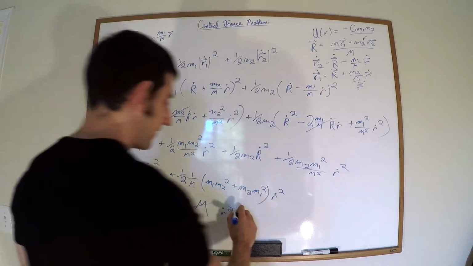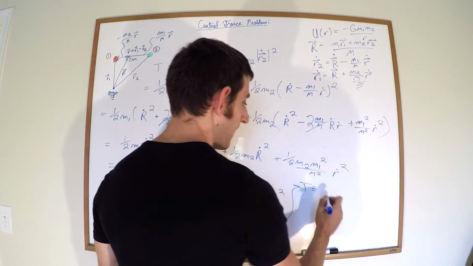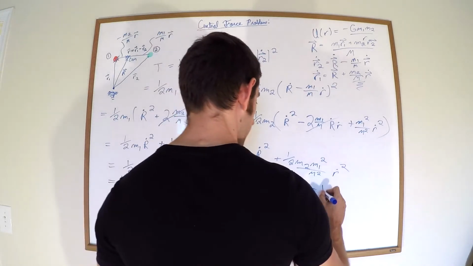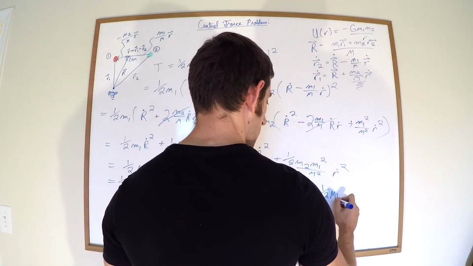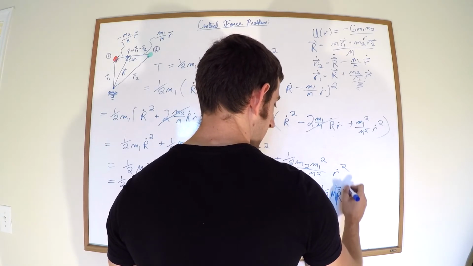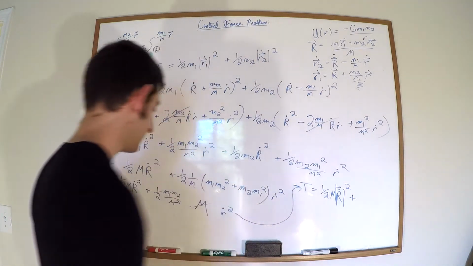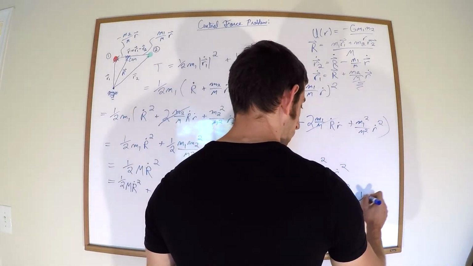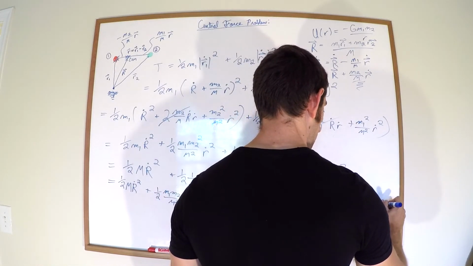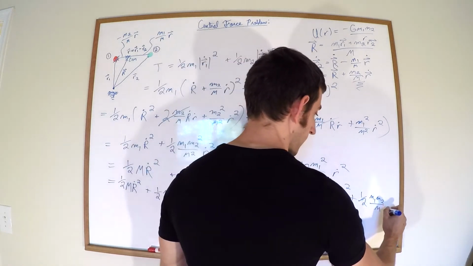So in the end, creating board space, we find that the redefined kinetic energy is 1/2 M big R dot, the magnitude squared, putting in the vector notation again, plus 1/2 M1 M2 over big M r dot squared.